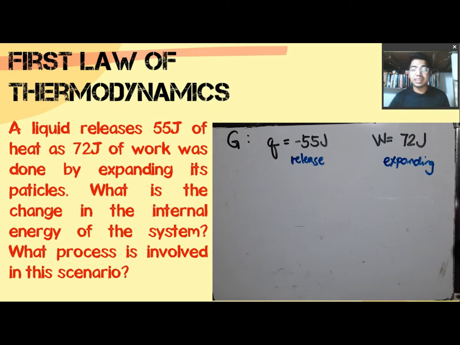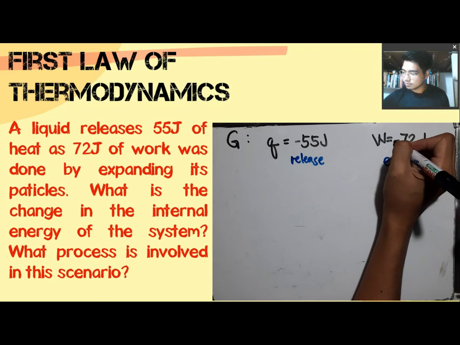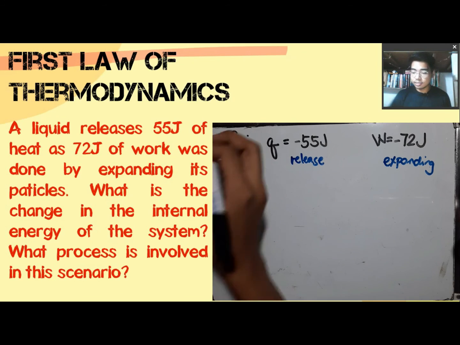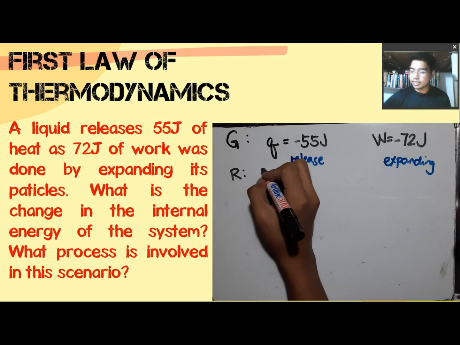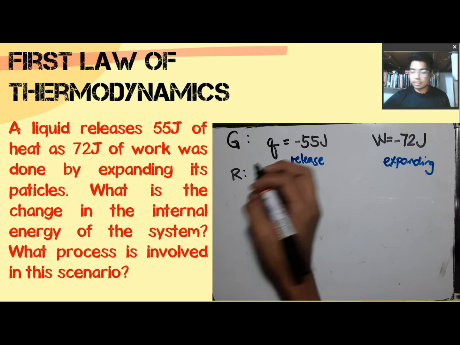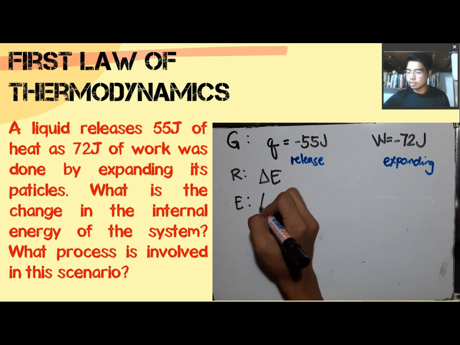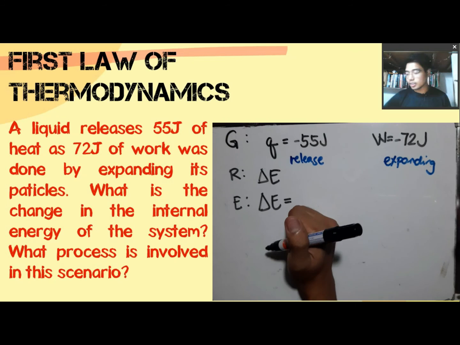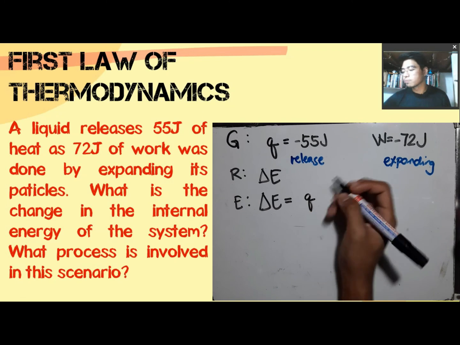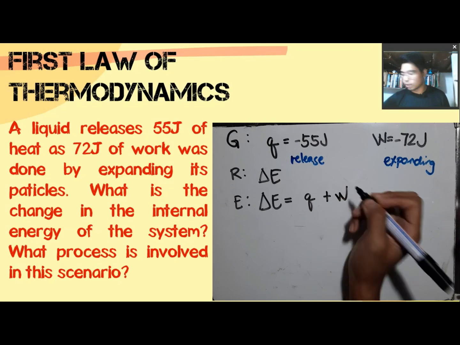Expansion happened. So basically, the value of work is negative as well. Then we're looking for the required, and our required is once again delta E. For our equation, the change in internal energy or kinetic energy is equivalent to heat plus work.